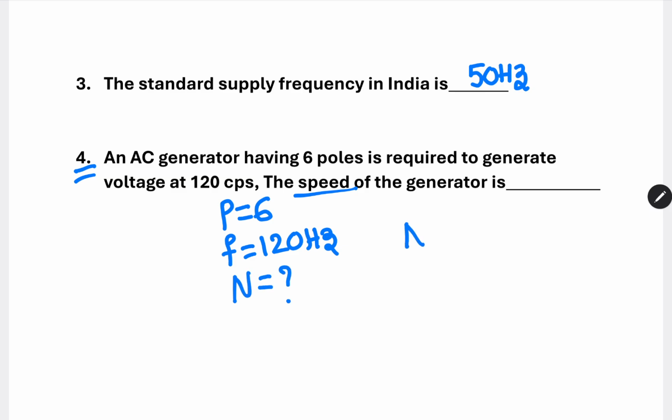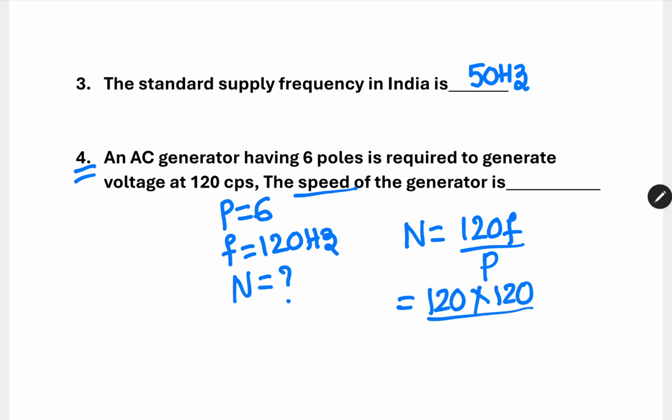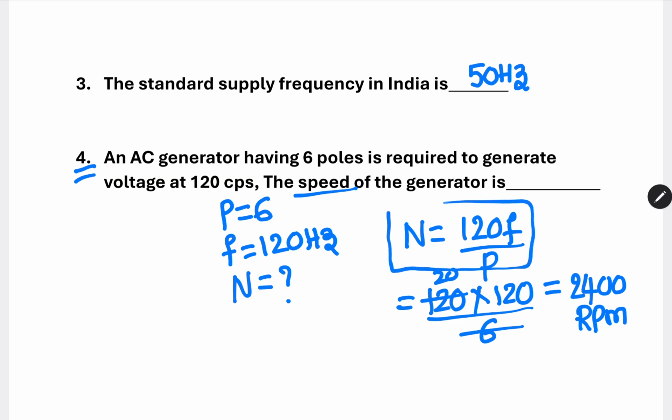We have the formula N is equal to 120 F by P, so that is 120 into 120 divided by 6. 120 into 20 is 2400, and speed units are RPM. So 2400 RPM. Very important relation: N is equal to 120 F by P.